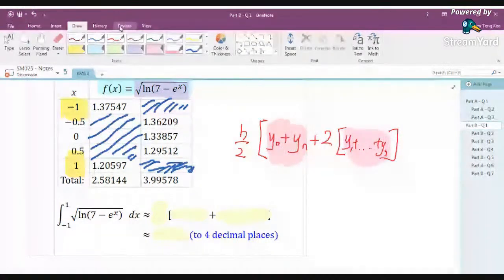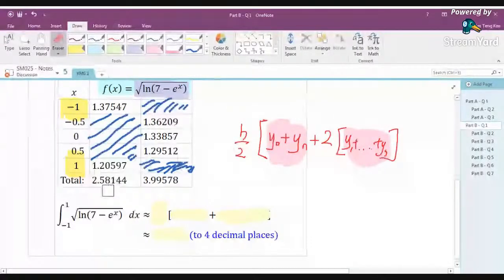As a result, the sum of the first and last value, you will have 2.58144.